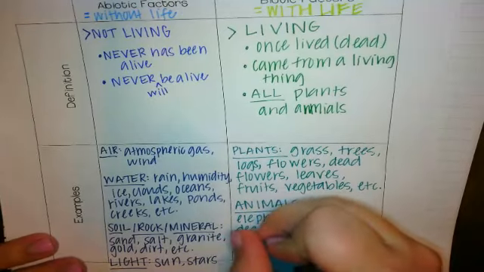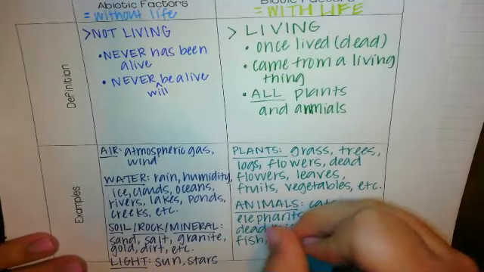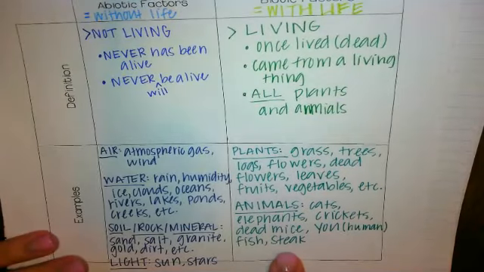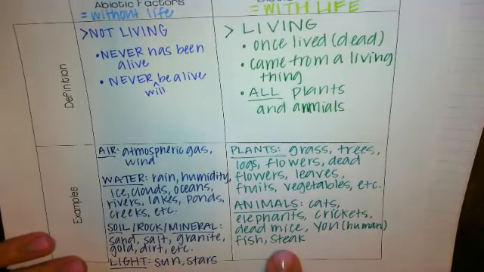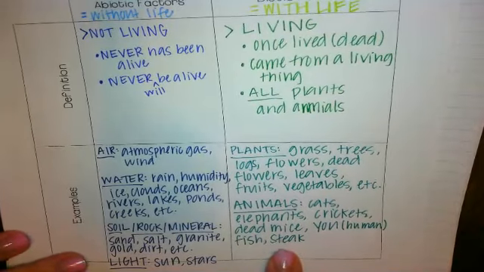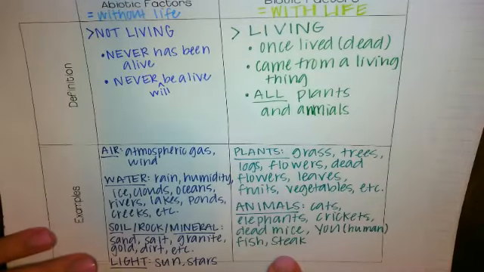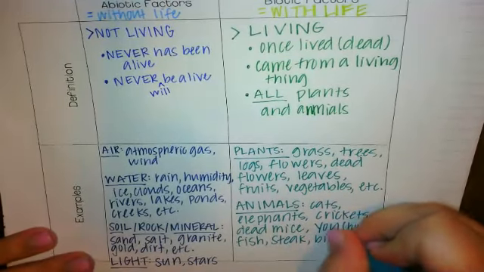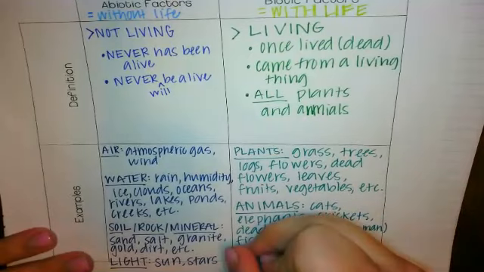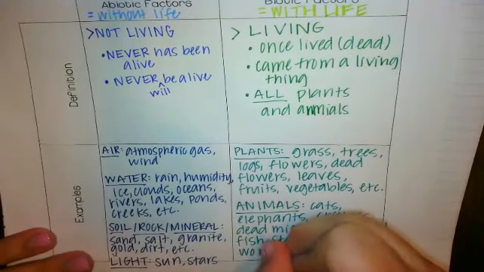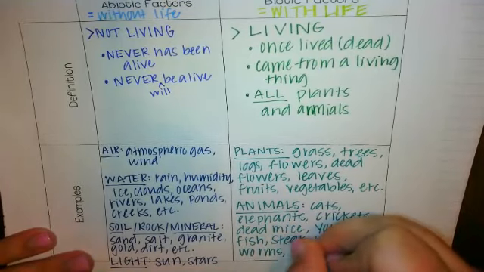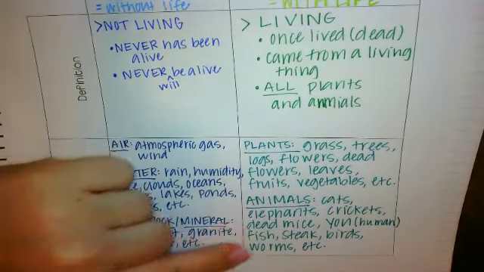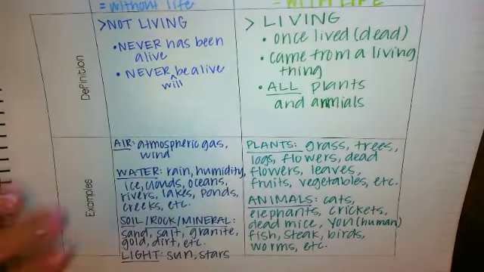Fish, steak. Okay, guys, so steak is something you eat, right? But it comes from a cow, and that cow was once alive. So that makes steak biotic. Birds, worms, and here we go again, etc. Because we know that this list is bigger than what we have written here.